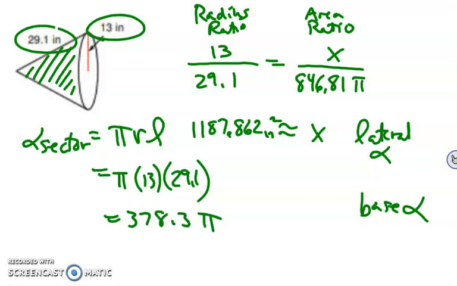And if I multiply that by 3.14, we get 1,187.862, which is the same answer we got when we set the proportion.